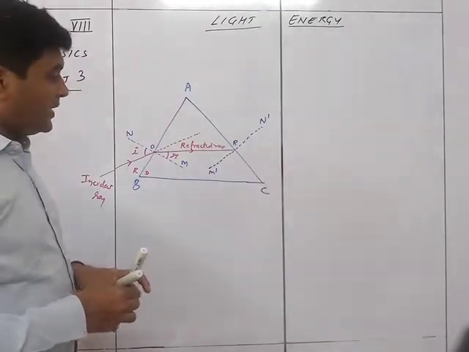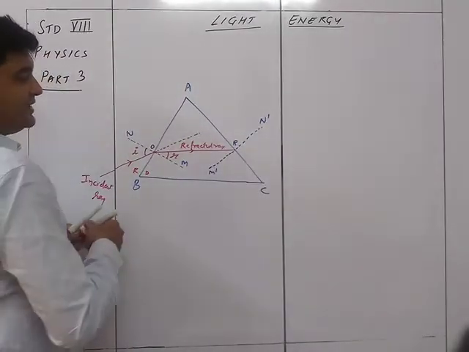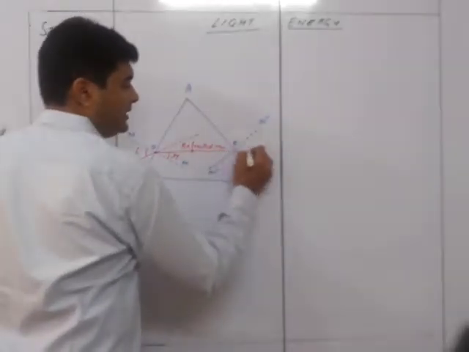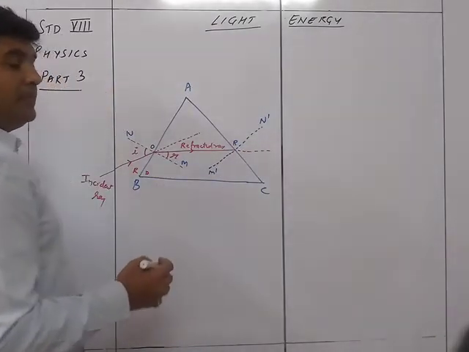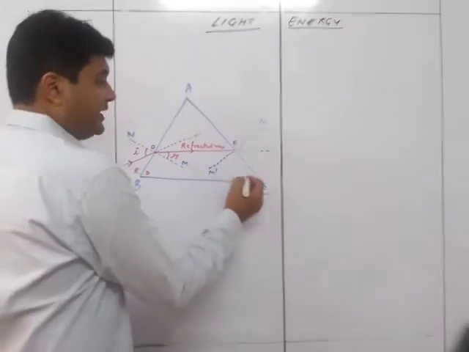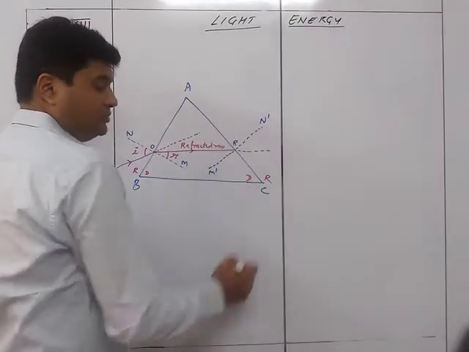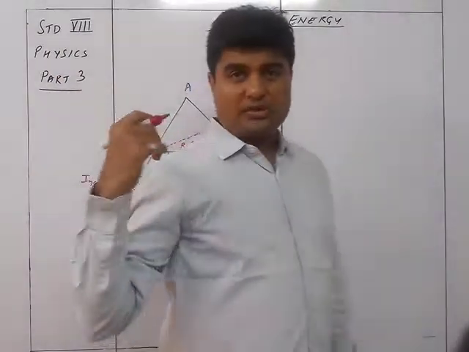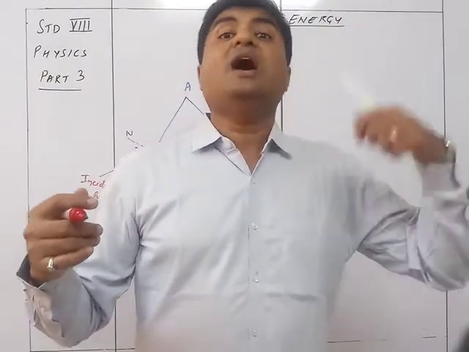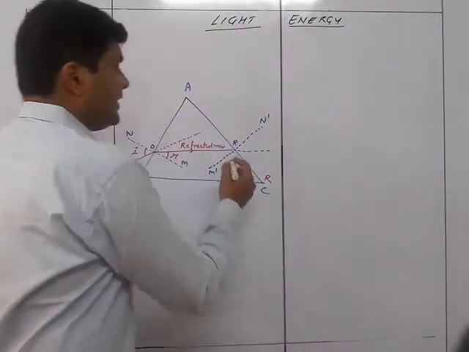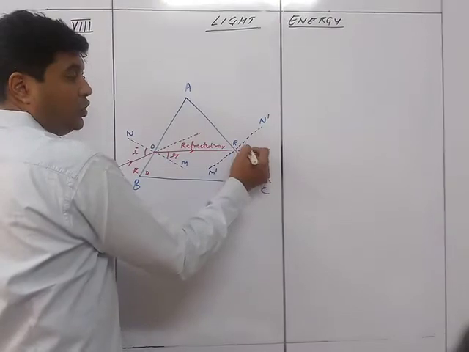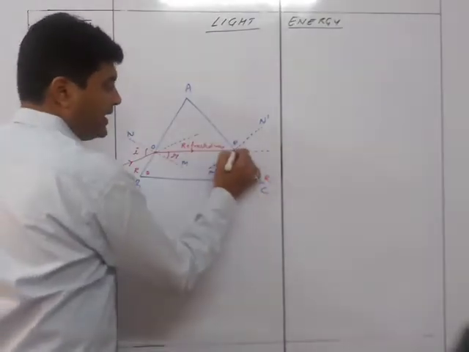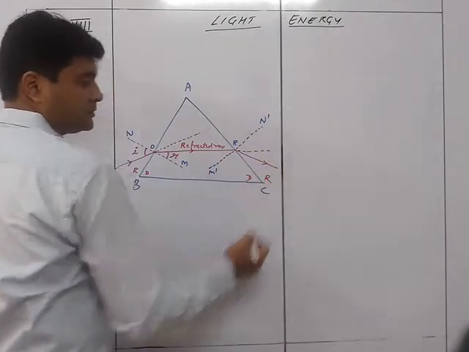So this particular line, you can see that this one should have gone directly this way, but it is going to refract, and here it is the denser medium and this is the rarer medium. So rarer to denser was towards the normal, denser to rarer is away from the normal. So instead of going over here towards the normal, it will go away from the normal and hence it is going to travel like this.